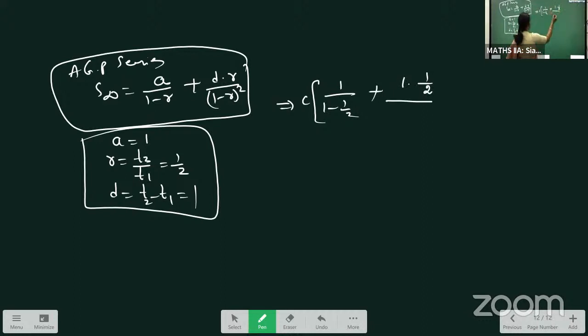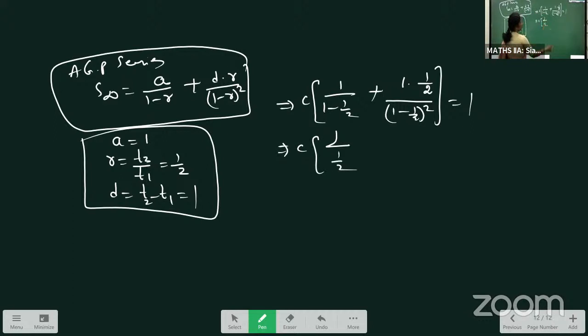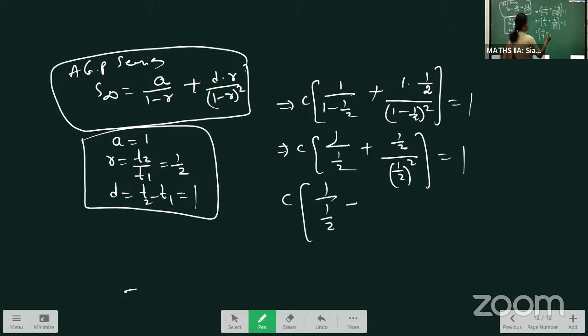So C into 1 by 1 by 2 plus 1 by 2 by 1 by 2 whole square, which is 1 by 4, is equals to 1.